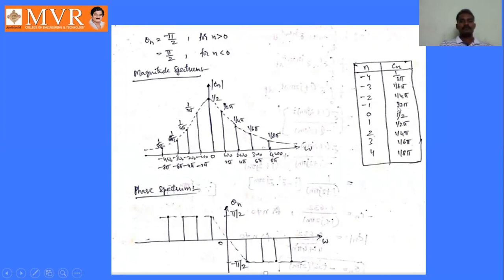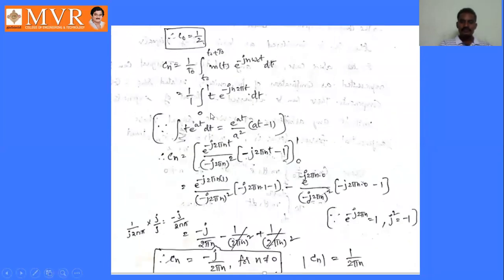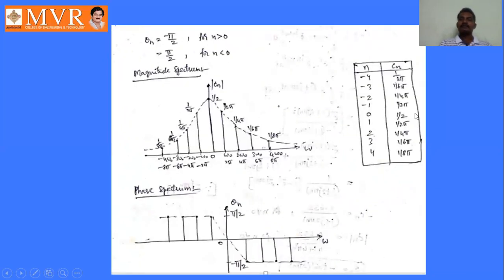Similarly for minus 3, minus 2, minus 1, we substitute these values in mod Cn. At 0 the value is infinity, 1 by 0, but here n is not equal to 0. At 1, 2, 3, 4, and similarly at minus 1, minus 2, we get the magnitude or amplitude spectrum.